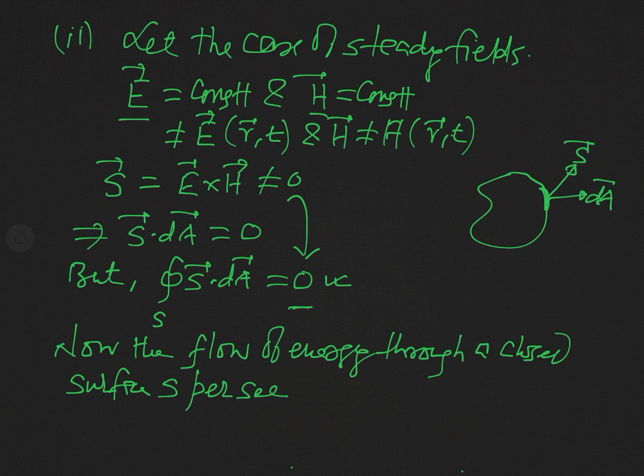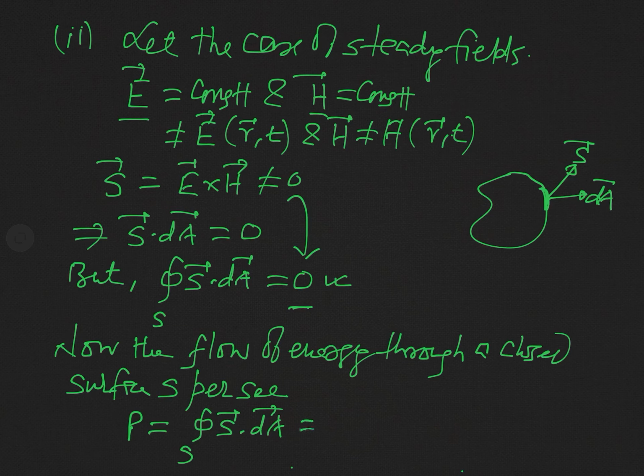What will this be? If we denote this by P, what will this P be? Actually, you know the flux of the Poynting vector is the total energy flowing per second. So this will be the integral of S dot dA.